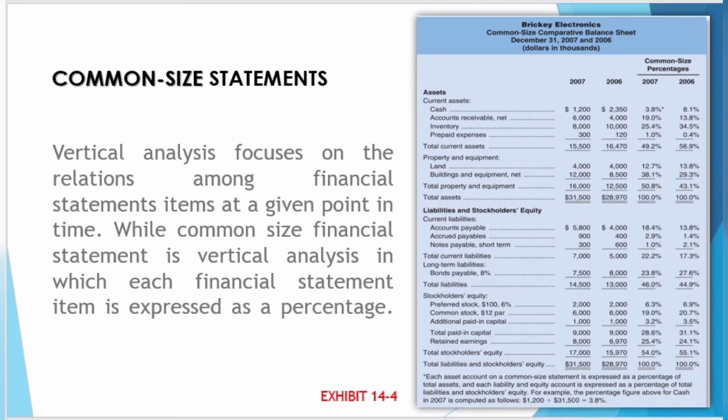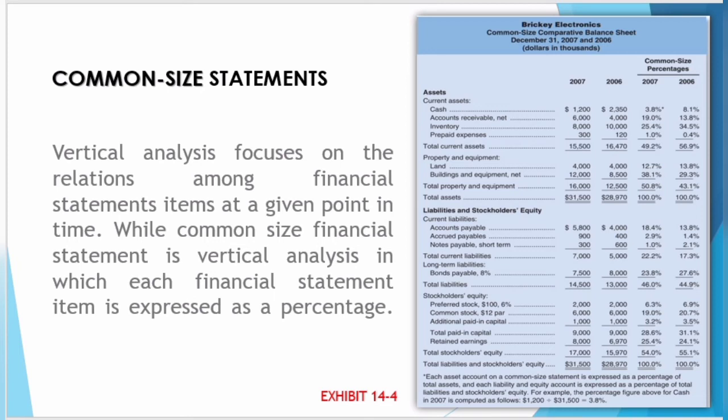Same with liabilities and stockholders' equity. Accounts payable of $5,800, you divide it by total liabilities and stockholders' equity of $31,500, so you get 18.4%, guys. It is the same for 2006, but in 2006 you solve using the total assets aligned to the year 2006.